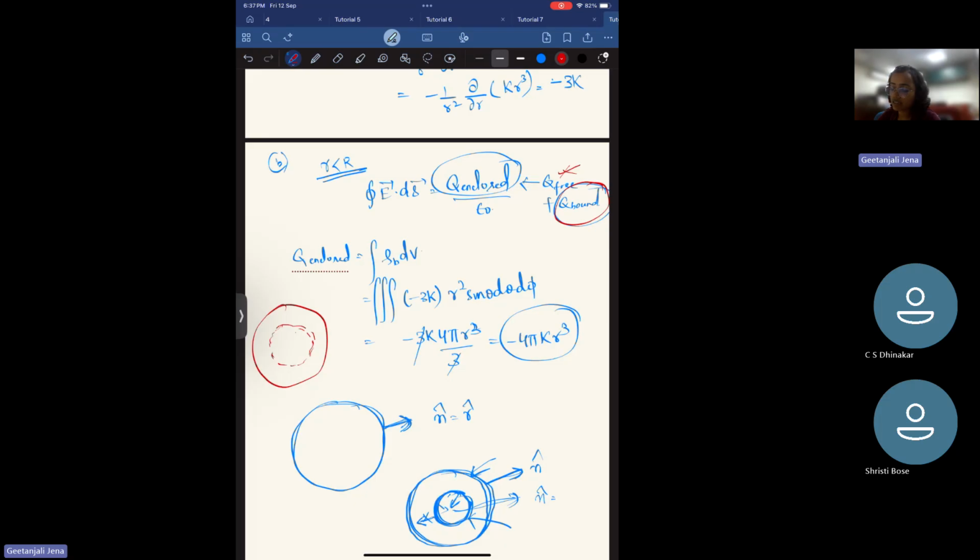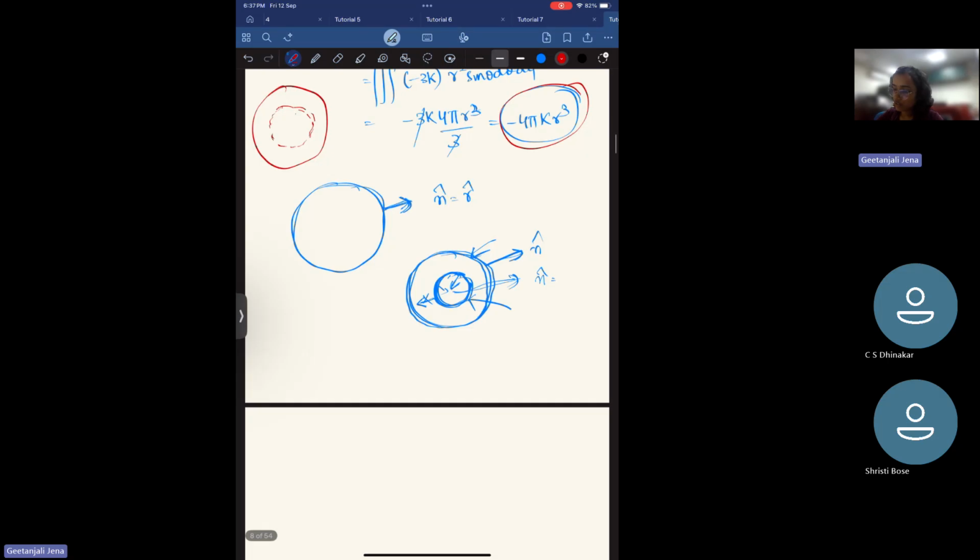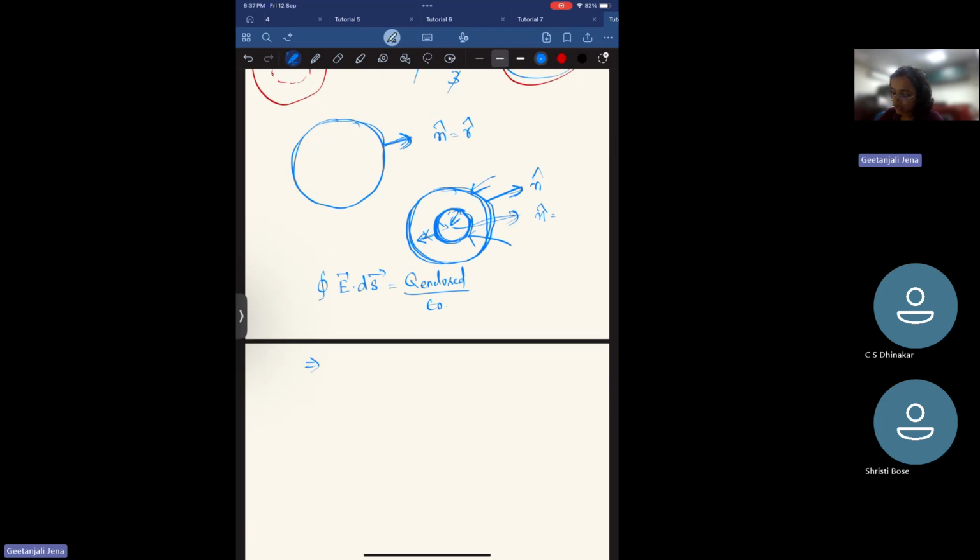So that is why I have taken the contribution from rho b. Just take the integration, and you will get minus 4 pi k R Q. So we know the charge now. So E dot dS will give, remember that whenever you are taking E dot dS, Q enclosed is Q free as well as Q bound. Because Q free is zero, we are taking the contribution from Q bound.